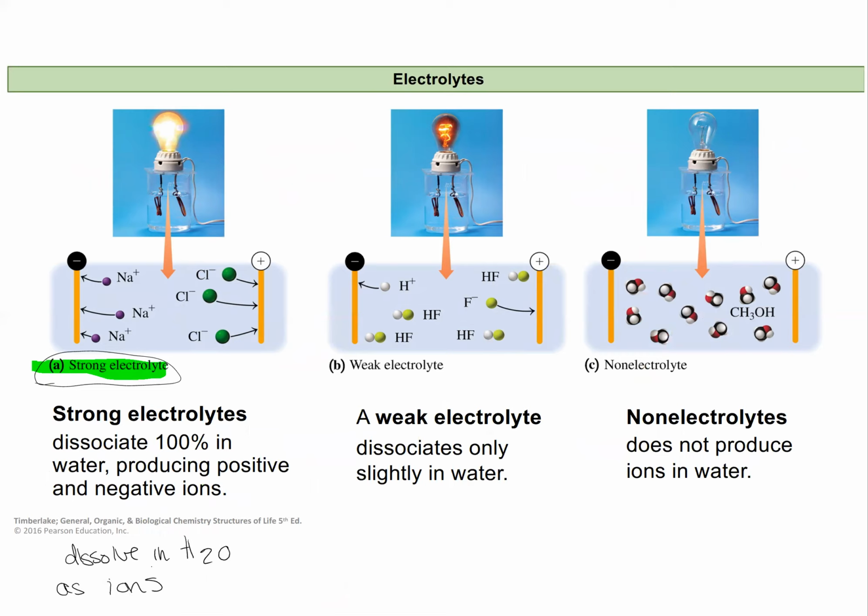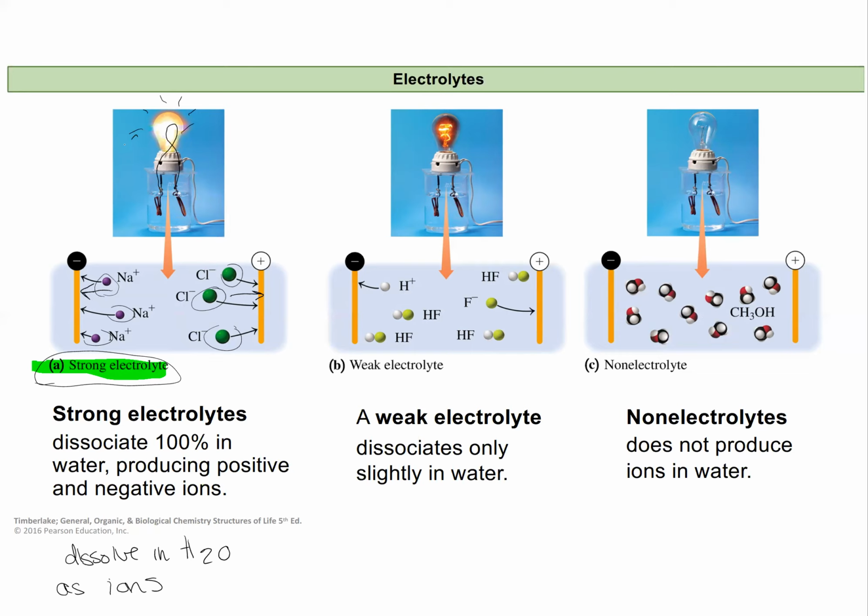So our sodium chloride will break apart into all sodium cations and all chloride anions. And if we put a positive and negative electrode in this, the positive cations will be attracted to the negative side and the anions will be attracted to the positive side. And this will create a current that lights our light bulb up.